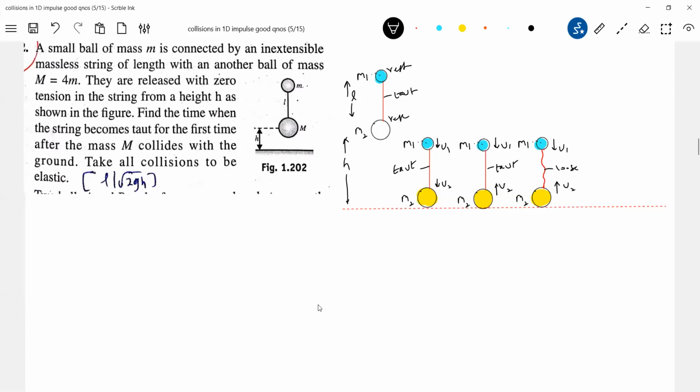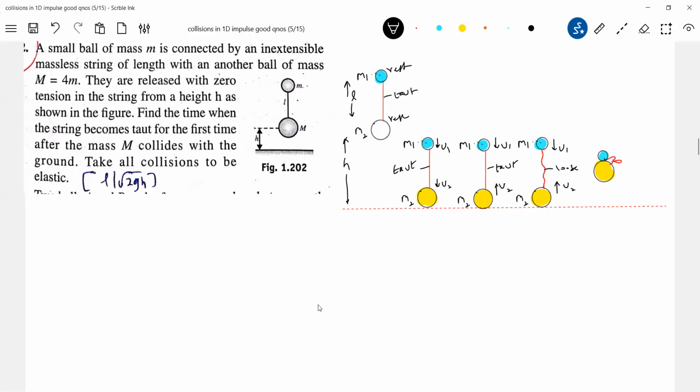Next, what is the sequence? They both collide somewhere here. You can draw some bigger diagrams if you are interested. And where is the string? The string will be somewhere here. Again, what is the type of collision? Elastic collision.